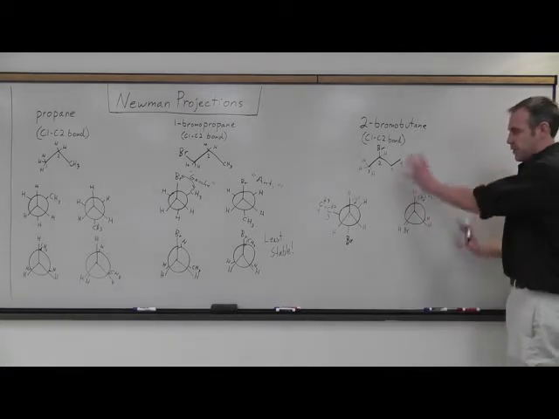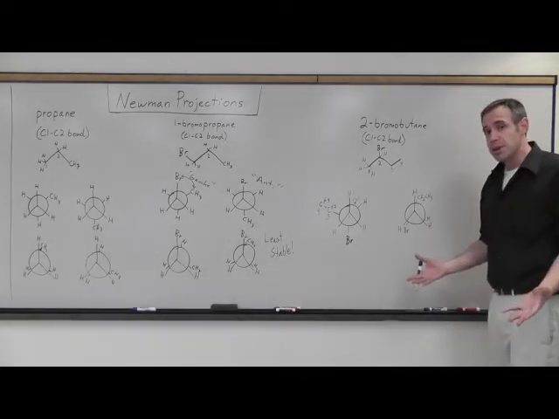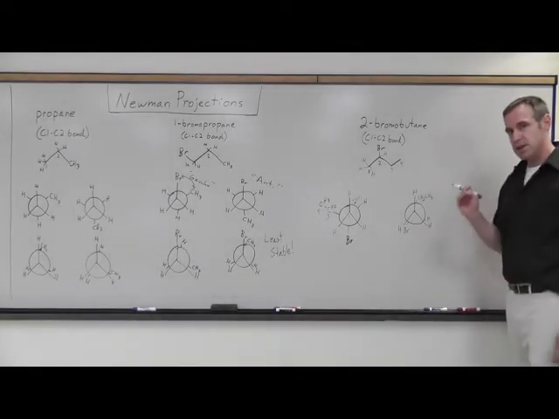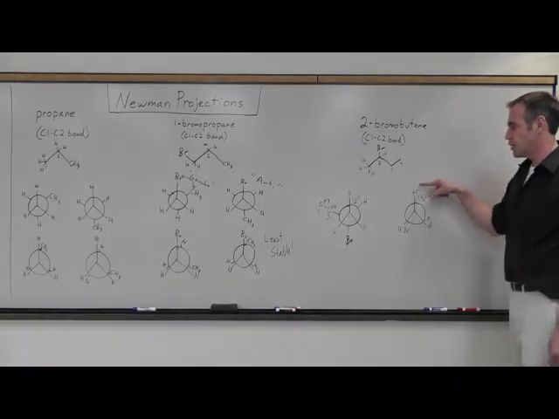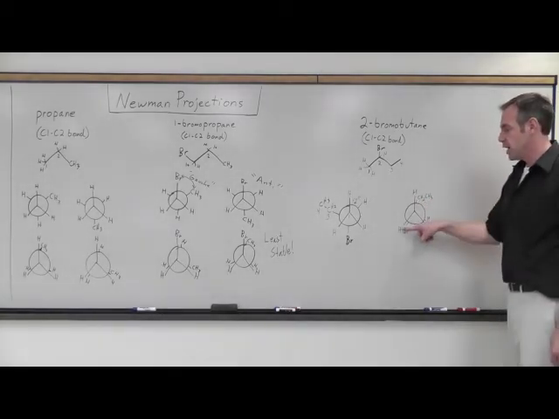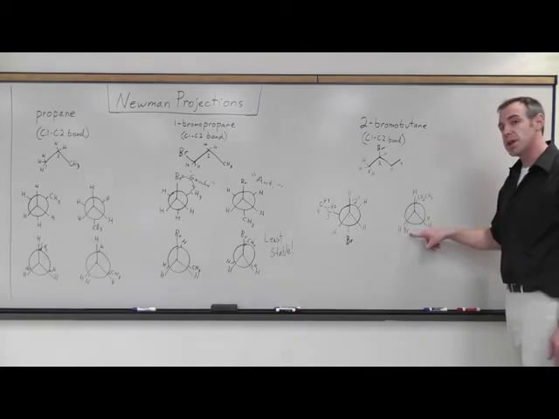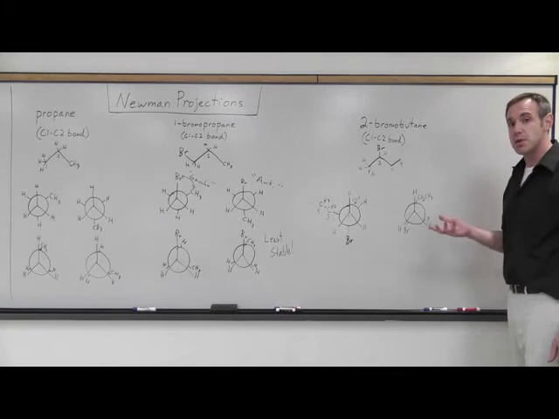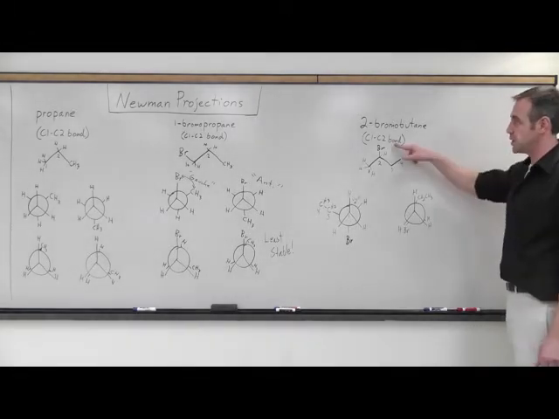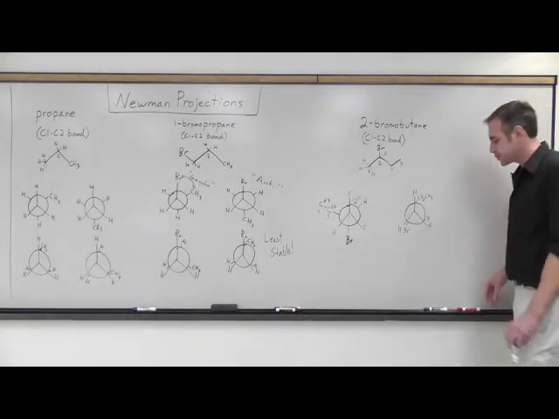This whole thing could be flipped upside down. That would still be correct. What's mainly important is the specific interactions you show: a hydrogen eclipsing an ethyl group and a hydrogen eclipsing a bromine. No matter what you draw for an eclipsed conformation, you'll see those two interactions for this specific designation.